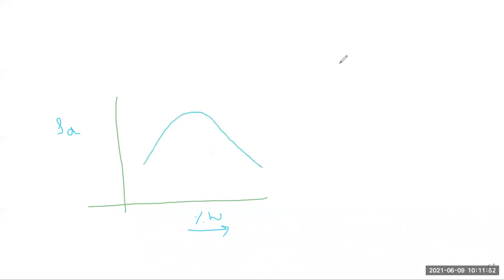This point is OMC. OMC means optimum moisture content. And this is the highest point of this graph, the crest. So here is the rho d maximum.